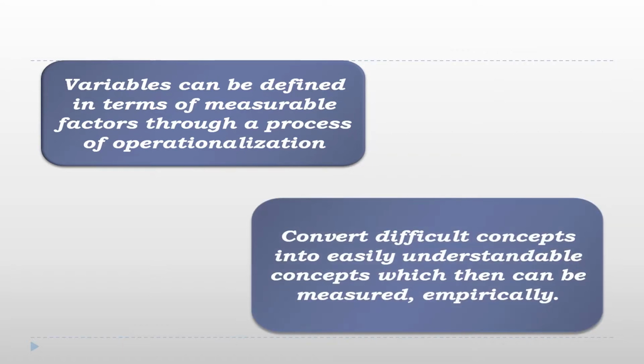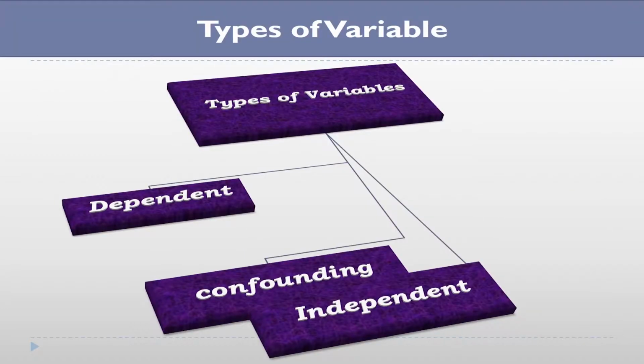It will convert difficult concepts into easily understandable concepts which then can be measured empirically. There are different types of variables and these have their influences differently in a study. And these include independent, dependent, and confounding variables. Let's now discuss these types of variables in detail.